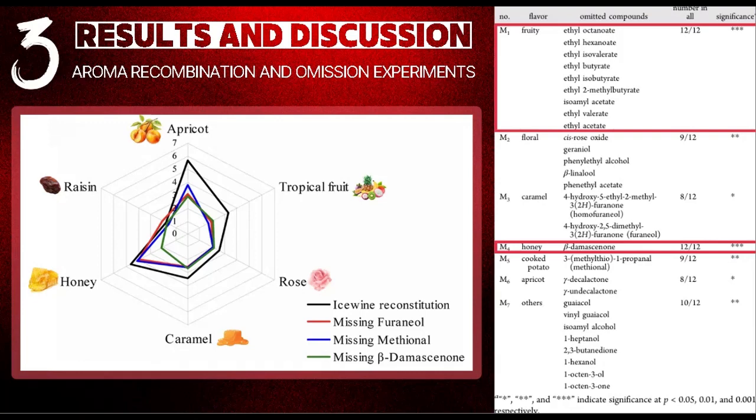The model without beta-damascenone was evaluated with a very highly significant difference for every characteristic, resulting in the loss of every ice wine type flavor. Furaniol and methionol also showed significant effects on ice wine character, especially on apricot, caramel, and tropical fruit characteristics. It was implied that these 2 compounds were important to Chinese Vidal Icewine.